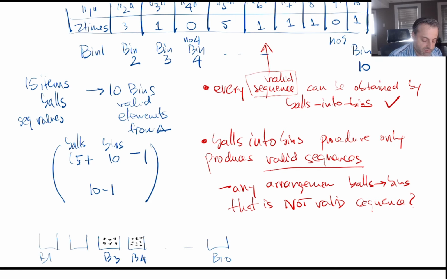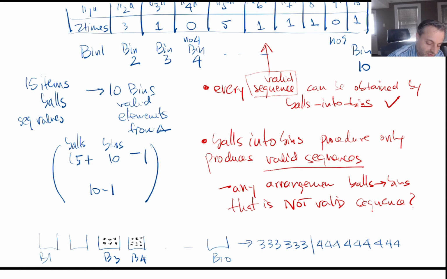Would that correspond to a sequence? Of course, that will be 3, 3, 3, 3, 3, 3, because there are 6 3s, followed by 9 4s. What if all the balls fall in one bin, only one bin? That also works because I'm going to have 15 of that bin, right?